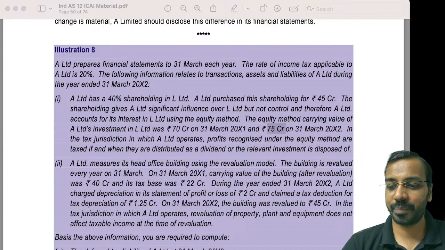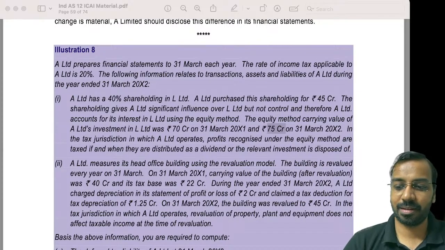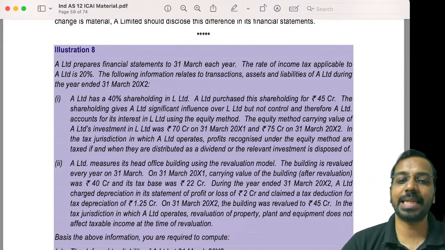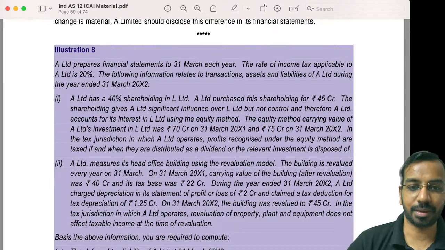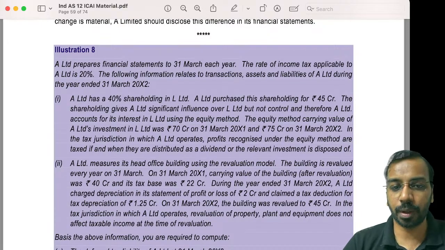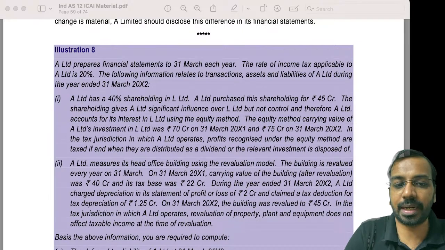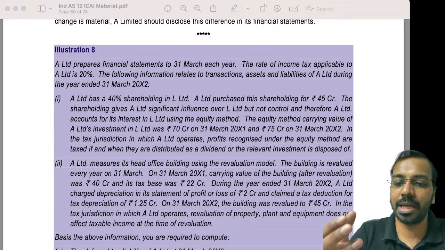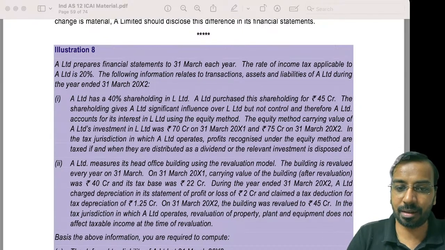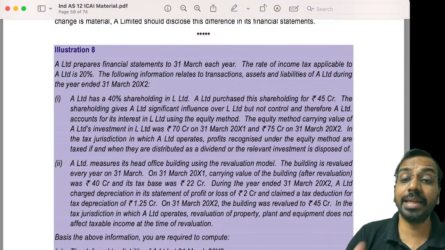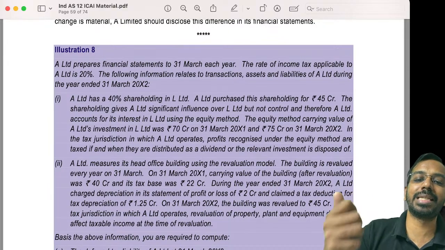Anybody? Investment in associate is accounted for using the equity method. Now in the equity method, what we do is we increase the value of investment by the profit that is earned, and please understand that the income tax impact will happen only when we receive the dividend.